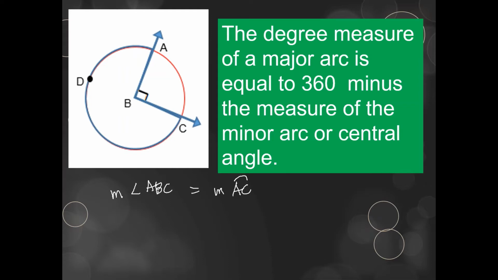Then the measurement of the major arc ADC is equal to 360 degrees minus the measurement of angle ABC, or 360 degrees minus the measurement of arc AC, which is the intercepted arc of the central angle.